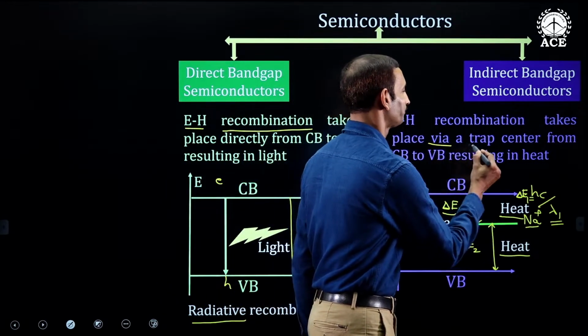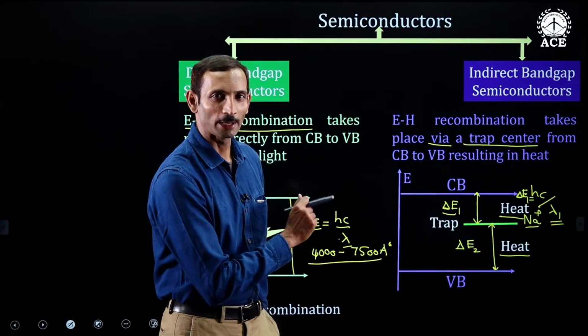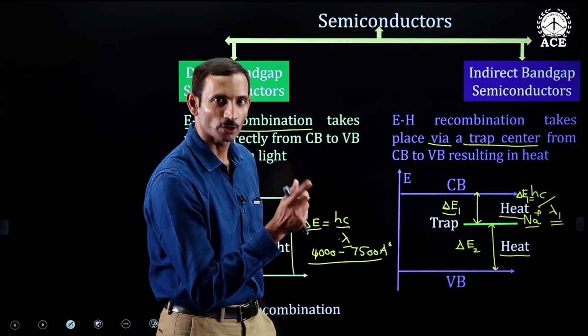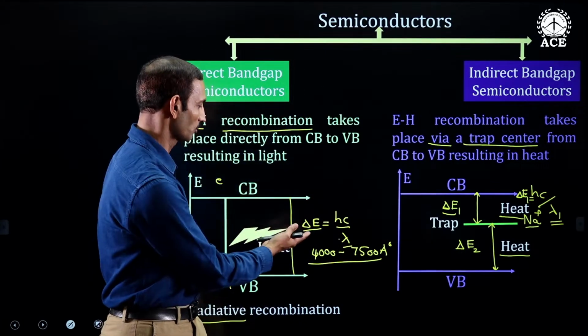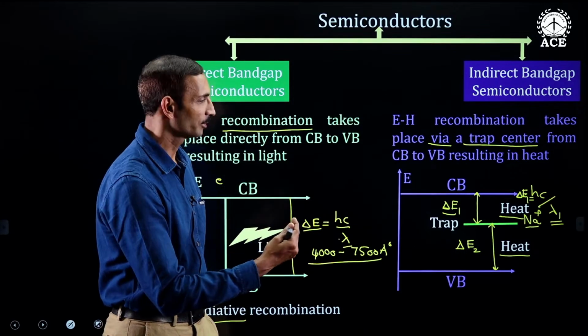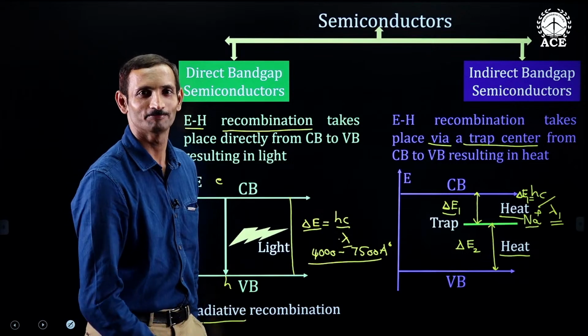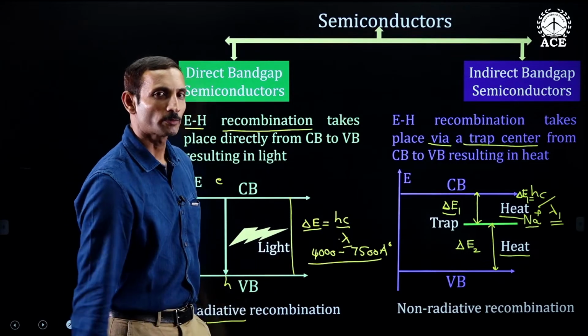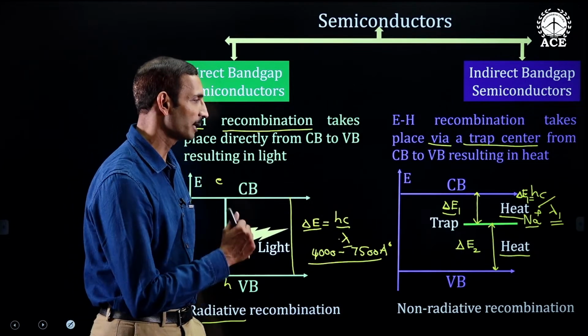Understood? That's what actually makes the emission not light, but some other radiation, generally IR radiation in heat form. This is what we could term a non-radiative recombination.